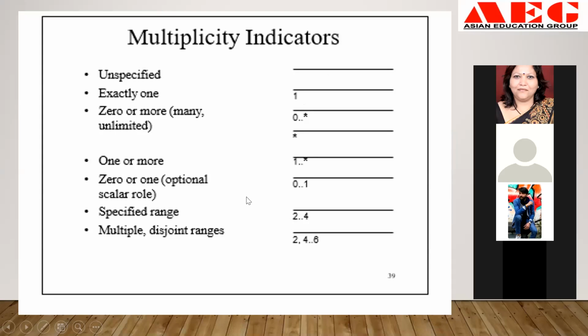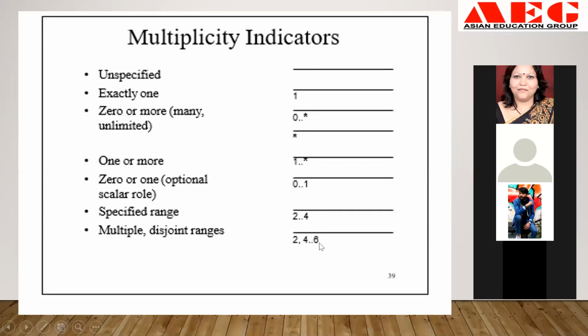So 0 is not possible and 1 is not possible. A minimum of 2 objects of the particular class will exist, and a maximum of 4 will be allowed.